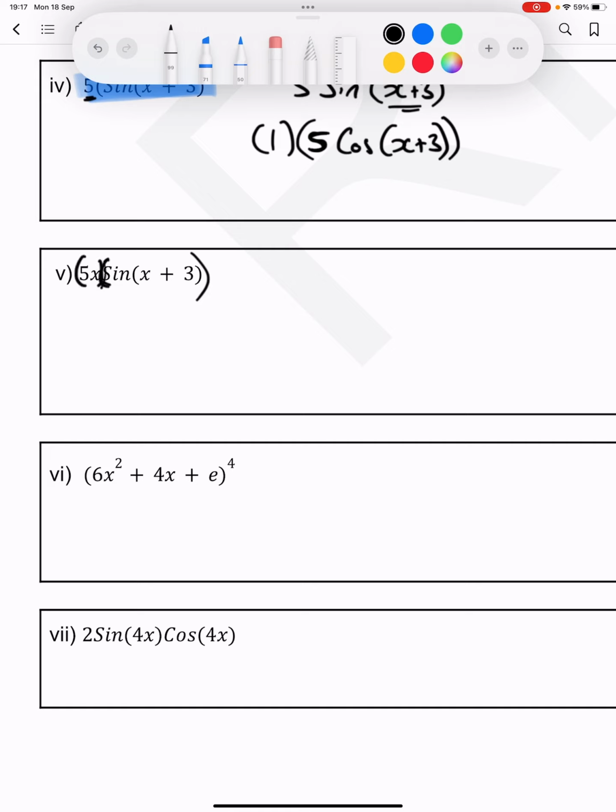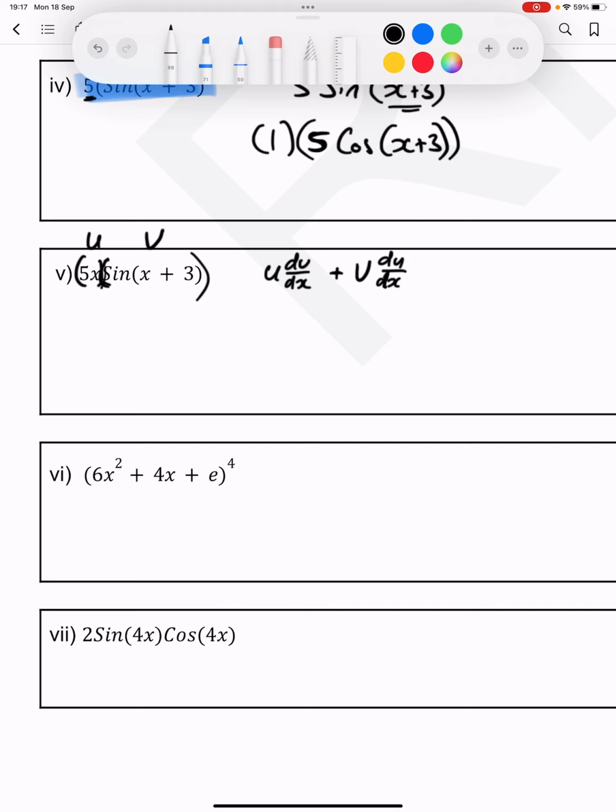Trying to keep my brackets nice and tidy. So 5x is the first function, that's u, and this is v here. So it's a product rule of u dv dx plus v du dx. Okay, so we have to make a product rule out of this because it's two separate functions getting multiplied together.